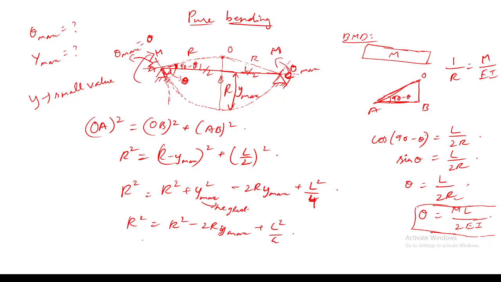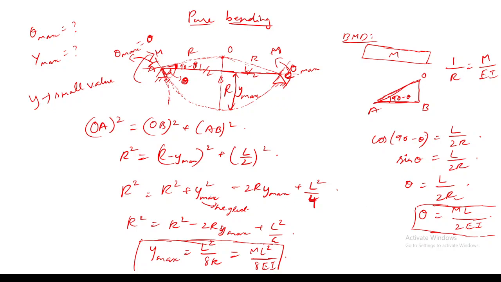Again from this, what is the final expression for Y max? It is L square divided by 8R. Replacing this in terms of M by EI, it will be M L square divided by 8EI. Up to this, it is understood, right? Yes, sir.